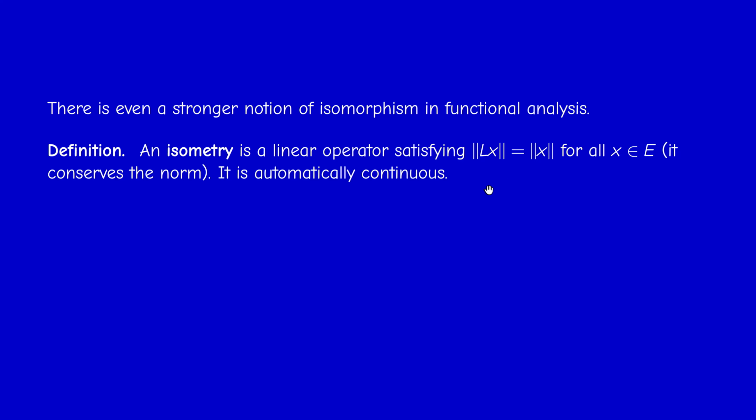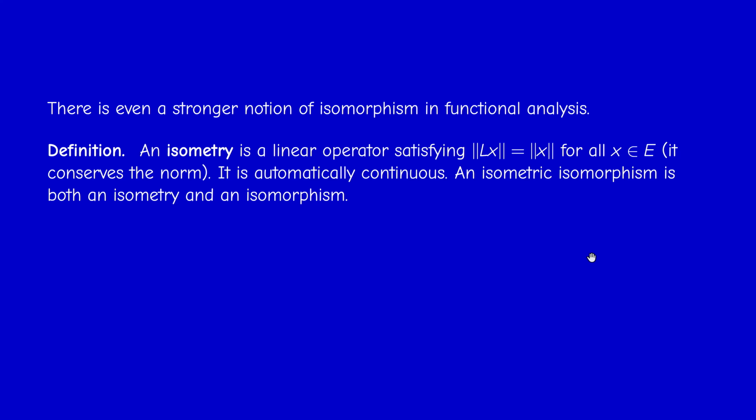Okay, now an isometry need not be surjective. If it's surjective, then automatically its inverse is continuous, because the inverse, when it exists, also satisfies that the norm of L^{-1}(x) is the norm of x. So L^{-1} also conserves the norm. So an isometric isomorphism is both an isometry and an isomorphism, or if you like, a surjective isometry.